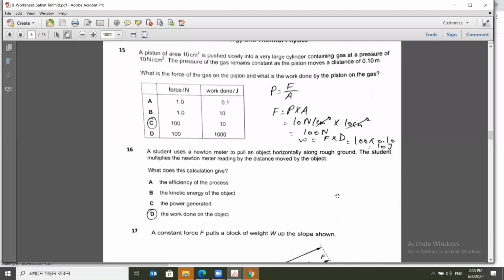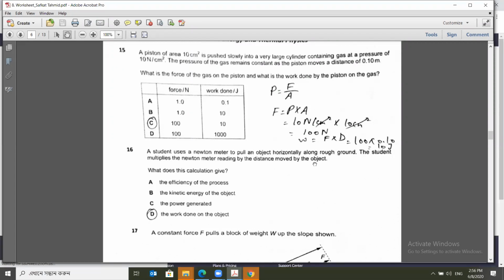The first one is done. Then the work done is equal to force multiplied by distance. It is 100 Newton, and 0.10 is the distance. So we simply multiply, then we get 10. So it is 10 joules.